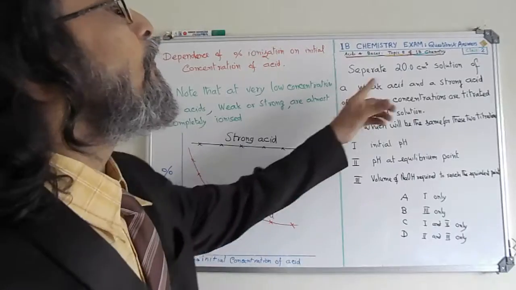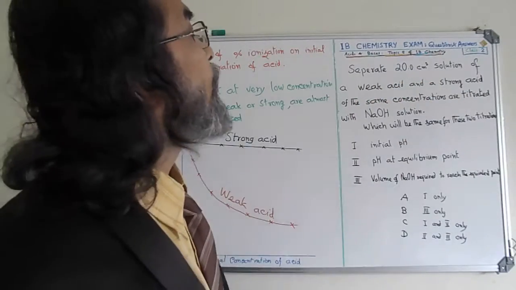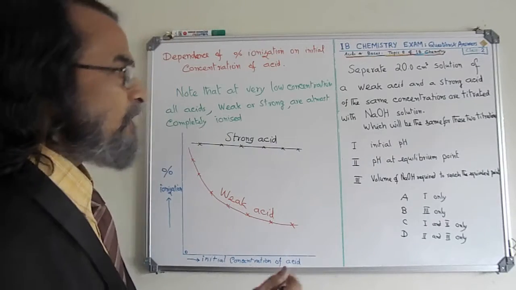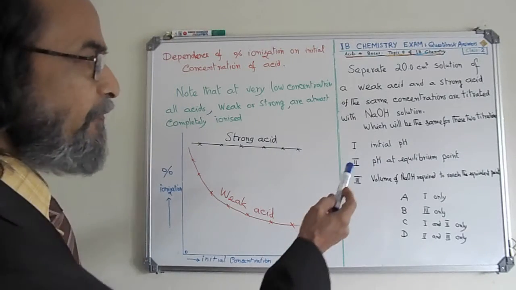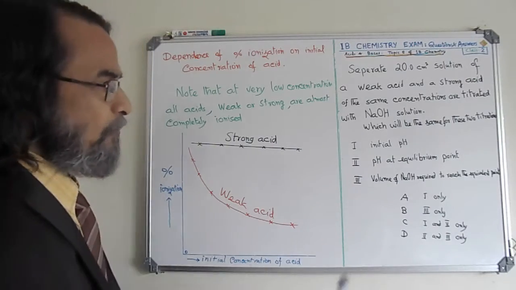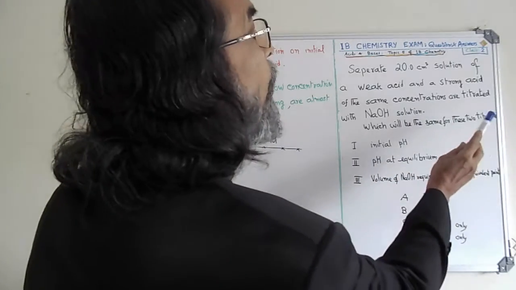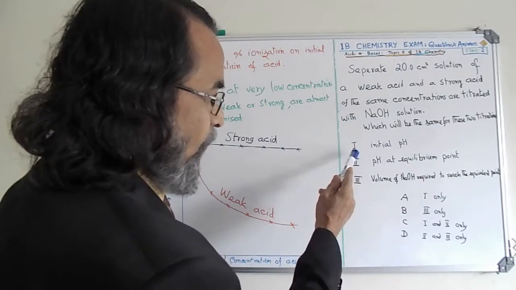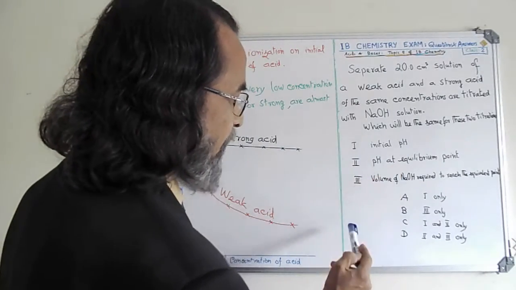Separate 20 cubic centimeter solutions of a weak acid and a strong acid of the same concentrations are titrated with a sodium hydroxide solution, which will be the same for those two titrations. There are three cases. One, initial pH will be the same.